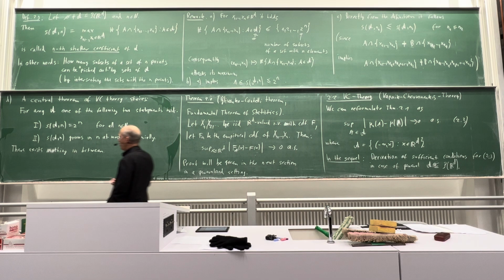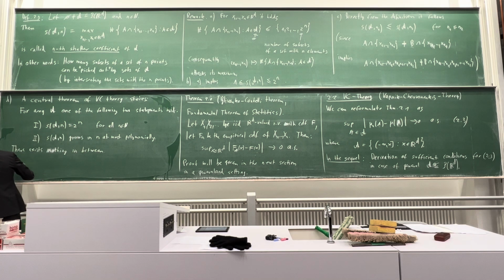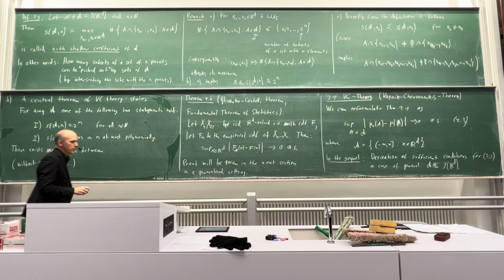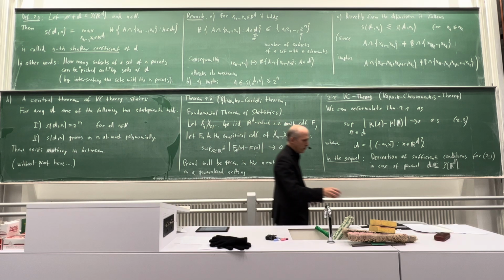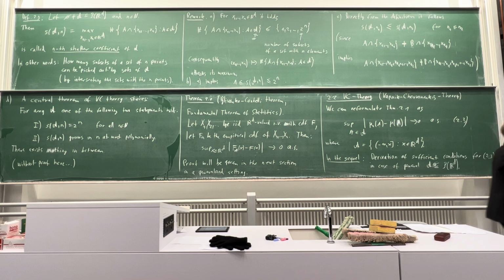And I mention this here without proof, I just want to share it as information. What Vapnik and Chervonenkis basically introduced is an even more cryptic quantity than what we did with the shatter coefficients.